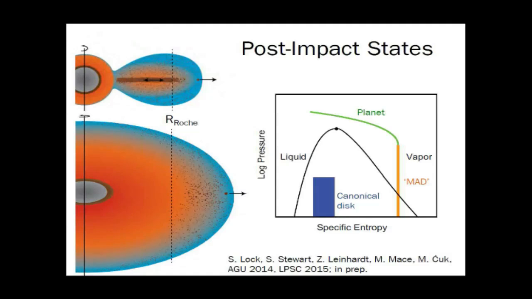But it does so in a smooth and continuous fashion. So there's no phase change, no rain in this atmosphere at all. It's one continuous fluid. The canonical disk is colder. It formed from material that was nowhere near as highly shocked, and it's mostly droplets.